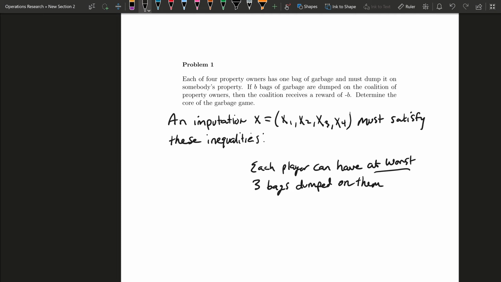So what does that translate to? That gives us x1, the reward for x1, has to be greater than or equal to negative 3, the worst case scenario. And the same thing goes for player 2, player 3, and player 4.